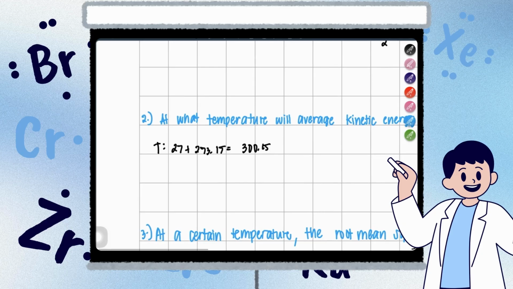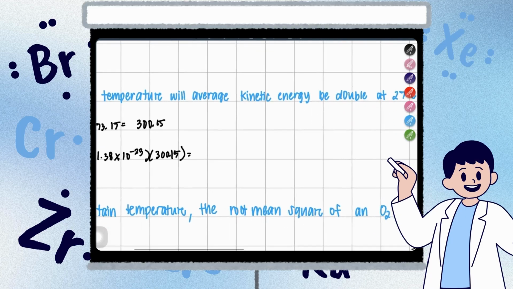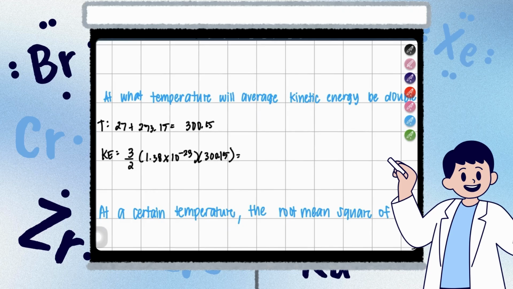Then to get the average kinetic energy, we have to input our values. So at 27 degrees Celsius, we have 6.21 times 10 to the negative 21 joules.